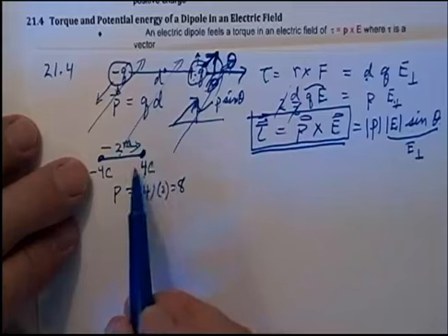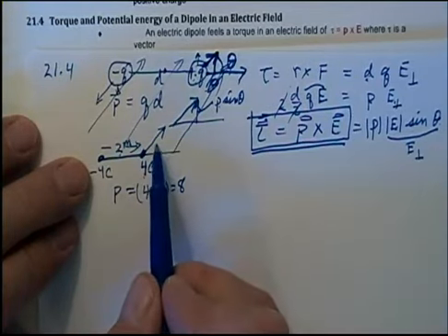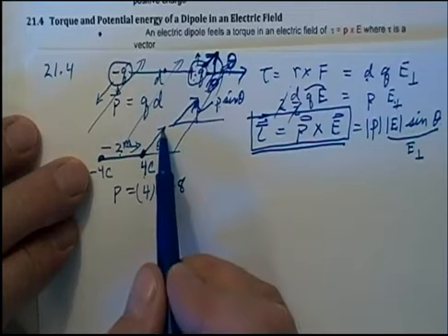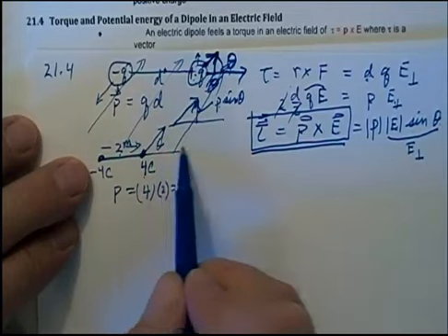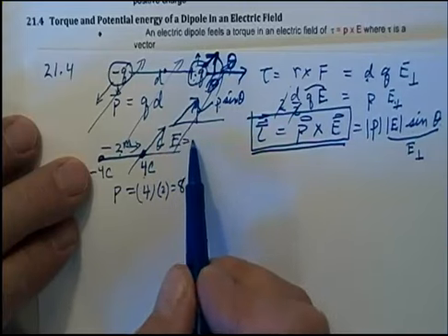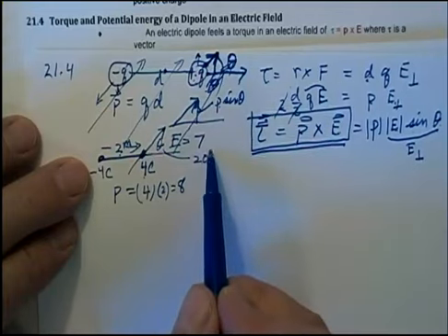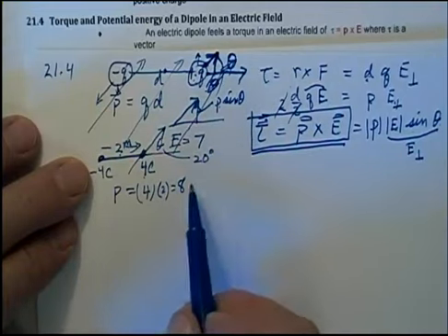Okay, now imagine we have that, and we have an electric field that's going in this direction at an angle theta. Maybe the electric field has a magnitude of 7, and the angle theta is 20 degrees between the two.